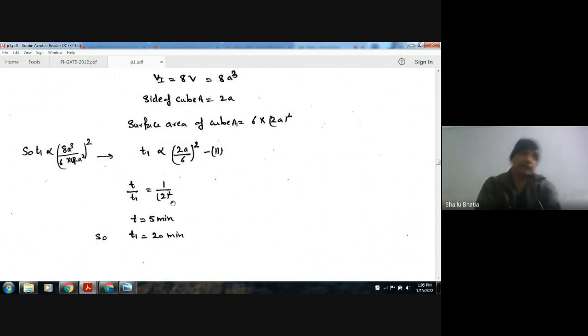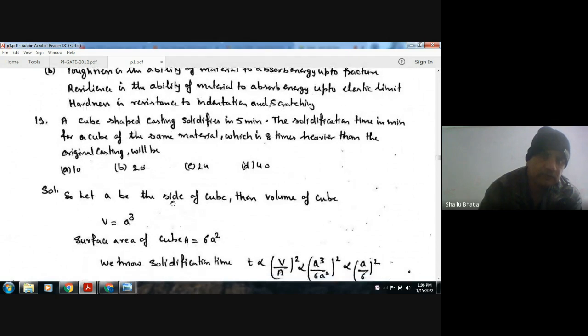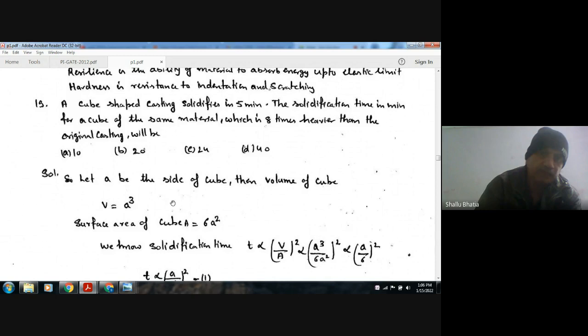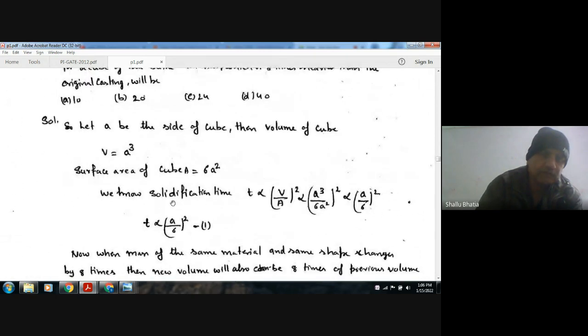T is given as 5 minutes, so T1 will be 20 minutes. In the first statement the cube shaped casting solidifies in 5 minutes, so T is 5 minutes and T1 is 20 minutes. So the answer is B.